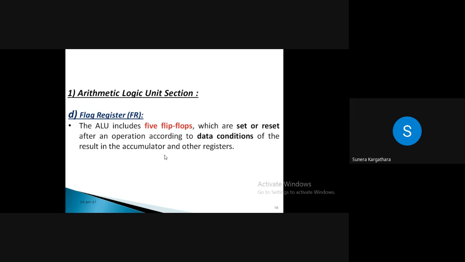Now after this, the last part of the ALU section is the flag register. If I say ALU includes 5 flip-flops which are set or reset after an operation according to the data condition of the result in the accumulator or other registers, can we understand the meaning of this statement?